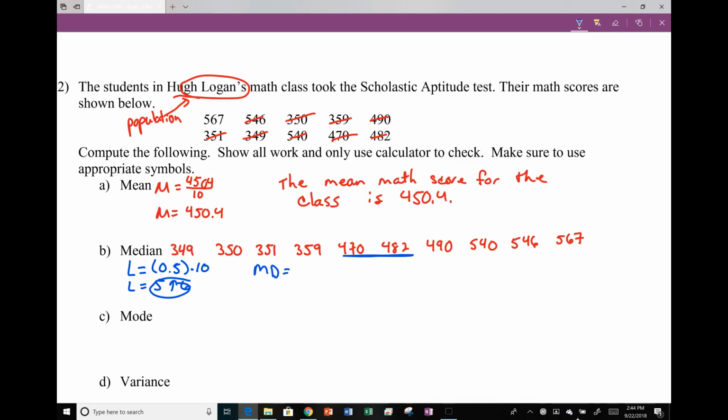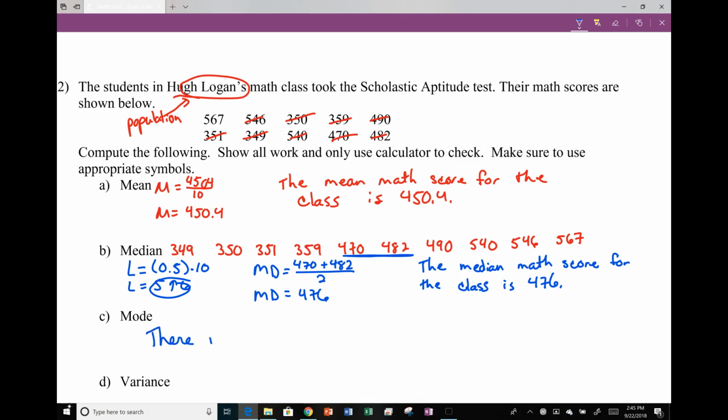So the median is 470 plus 482 divided by 2. So the median will be 476. So the median math score for the class is 476. Part C asks us to find the mode. Nothing gets repeated, so there is no mode.